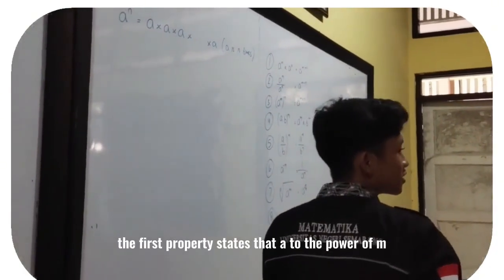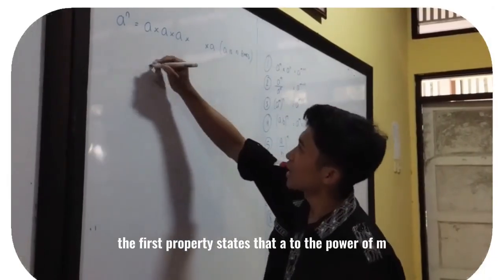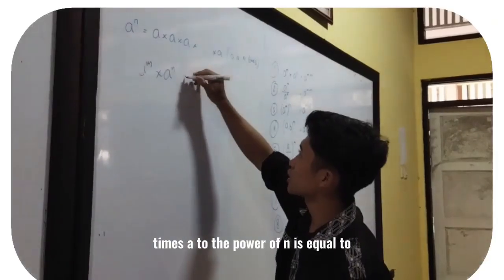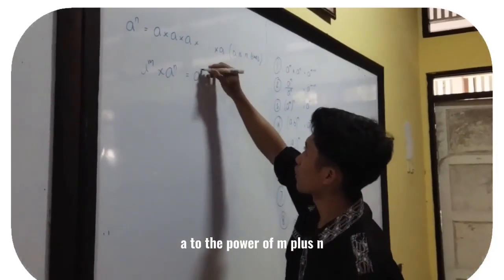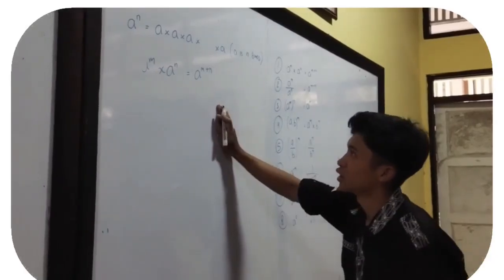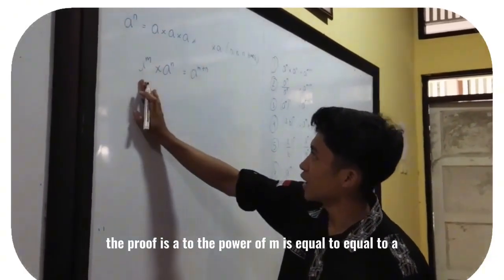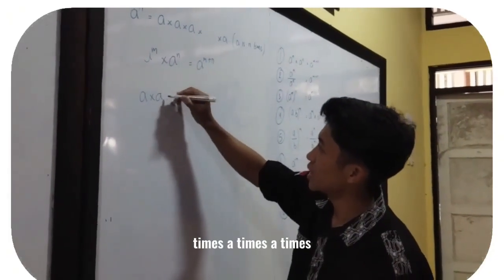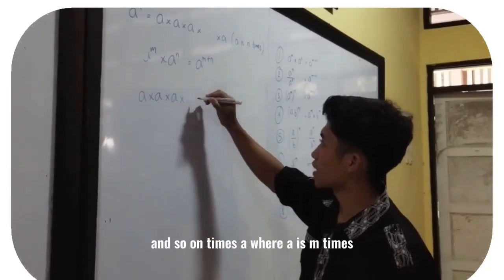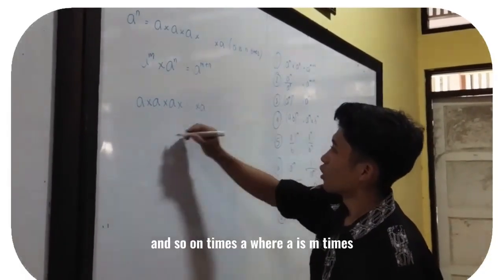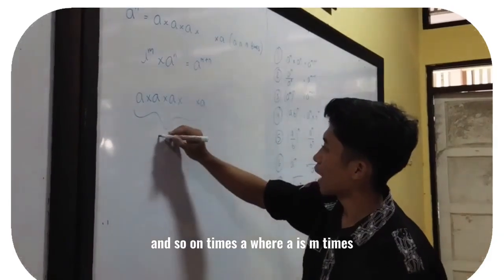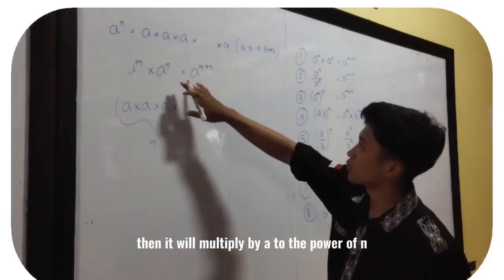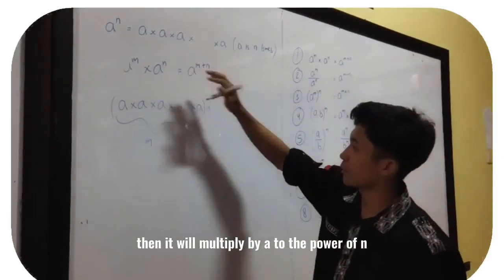So the first property states that a to the power of m times a to the power of n is equal to a to the power of m plus n. The proof is a to the power of m is equal to a times a times a times and so on times a, where a appears m times. Then it will be multiplied by a to the power of n.